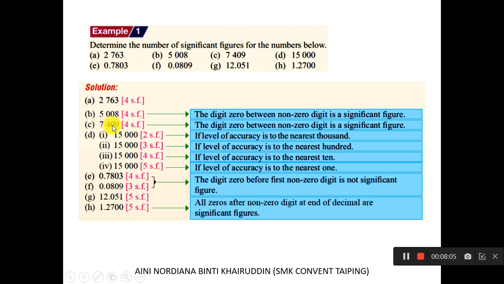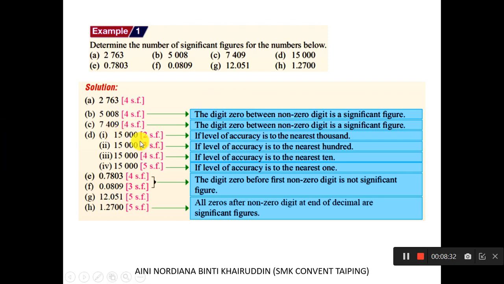C, this is also 4 significant figures because all the digits are significant. Even though there is a 0 digit here, the 0 digit is between the non-zero digits, so this 0 digit is significant.